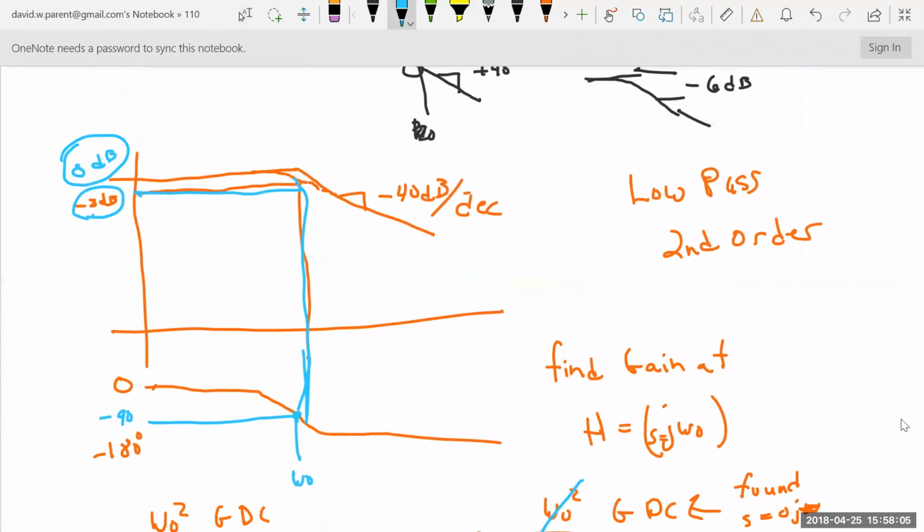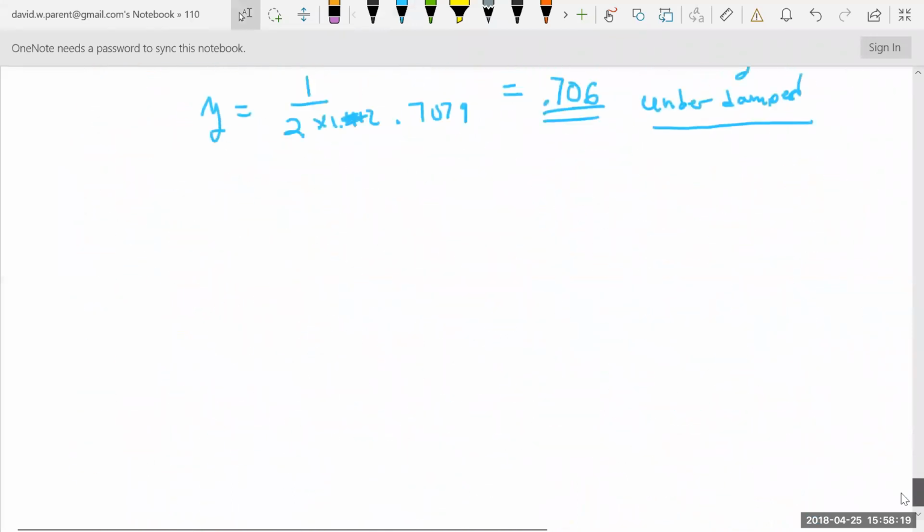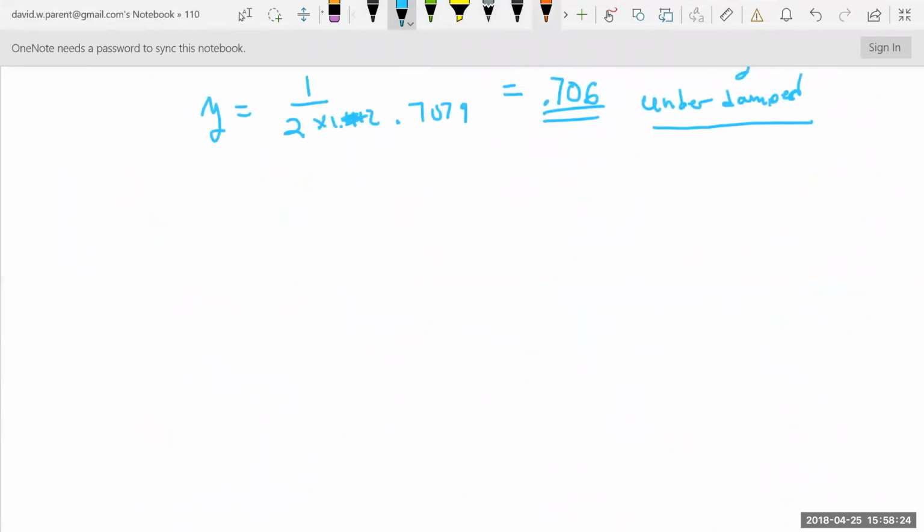But what tricks people up is they say, oh, it's second order, this must be minus 6 dB. And then they don't really know this is a very important coefficient. It's the Butterworth coefficients. Okay.